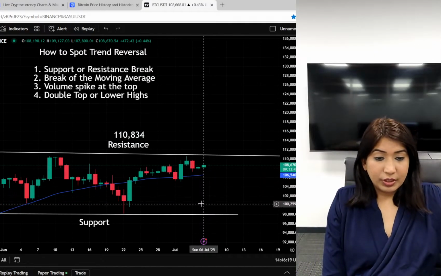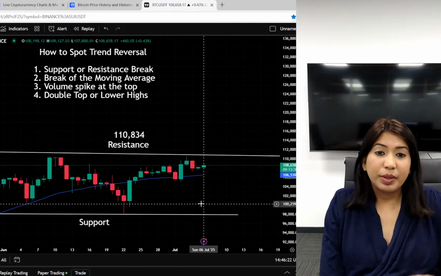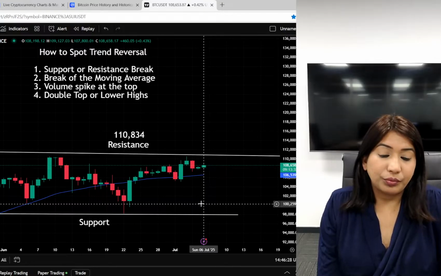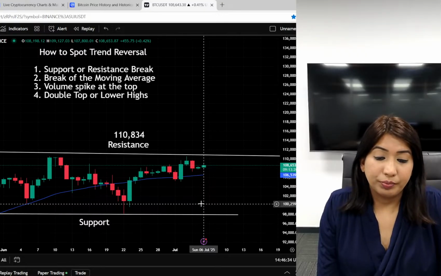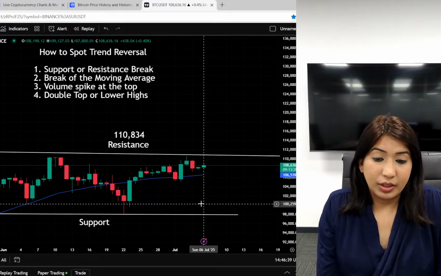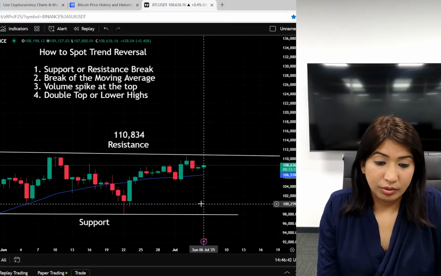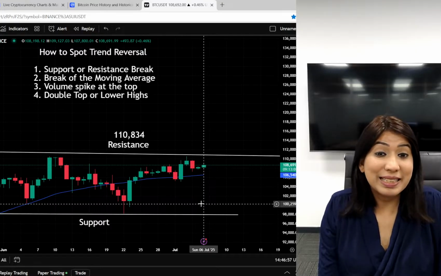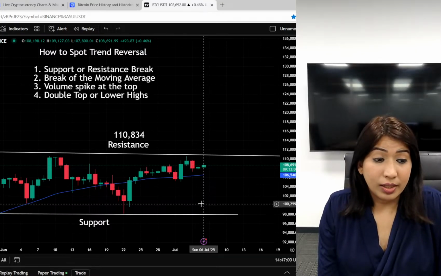If it surpasses that level for maybe 2 consecutive days, whether it goes up or down, then we might see some reversal coming. As of now, it's just playing between these two figures only, 98,000 to 108,000-109,000. That's what it is. So if it breaks through 110, probably we might see some new high getting created.